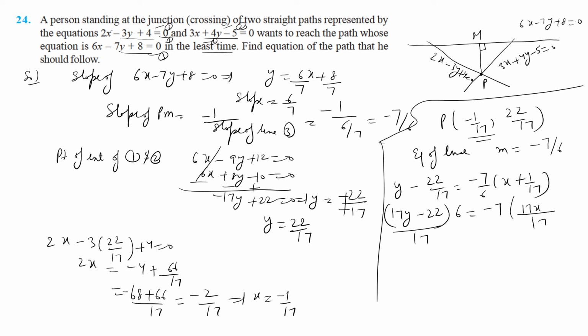So 102y minus 132 equals minus 119x minus 7. So 119x plus 102y, okay, this is your 102y, and this is minus 125 equal to 0.